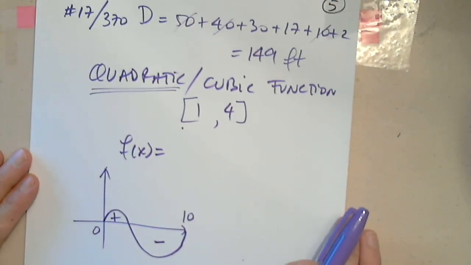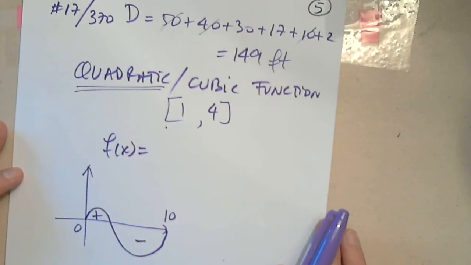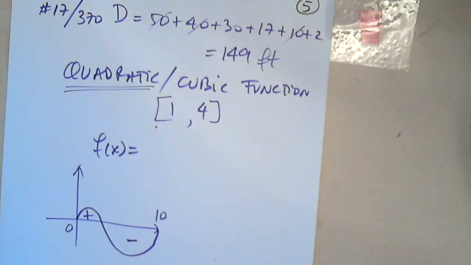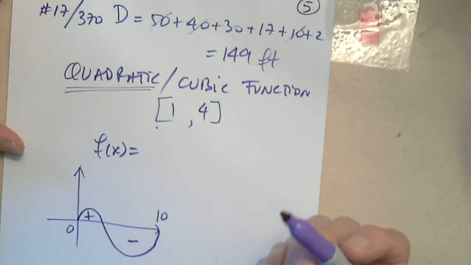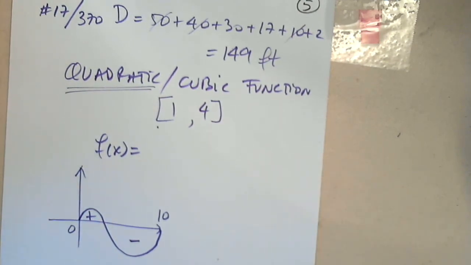We can choose a cubic function, it doesn't matter. I just would like to practice before we move on and explain what the definite integral is and go through its properties.